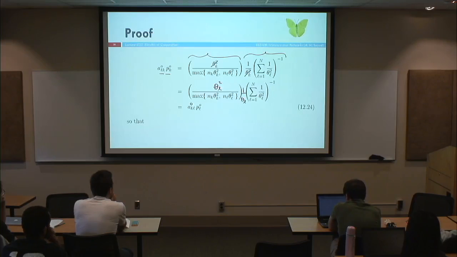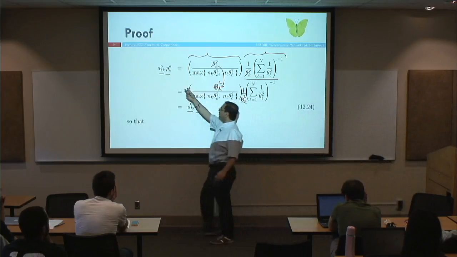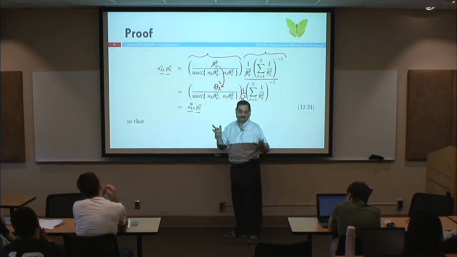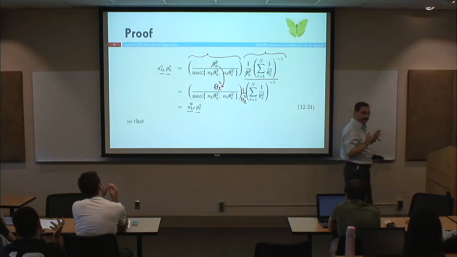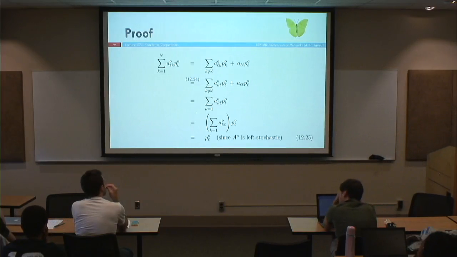Nothing changes. Now this becomes a_kL, because k became L, and this becomes p_L. So this symmetry relation holds. If you switch k to L and L to k, this relation holds. Simple to check.